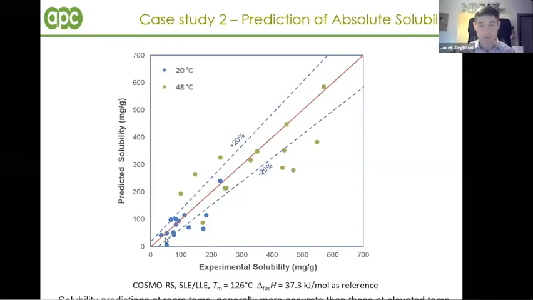But altogether, for most of the systems, it comes within the boundaries of plus or minus 20% of error or deviation. Another piece of information you can read from this is that at the lower temperature of 20, the predictions are overall better than at higher temperatures. So there are some limitations related to the temperature dependence of solubility. Predictions at higher temperature are not yet as accurate.